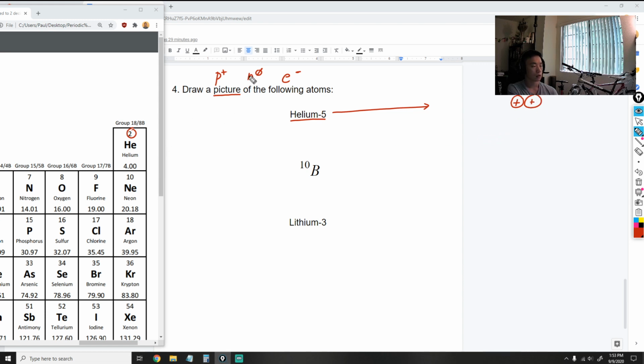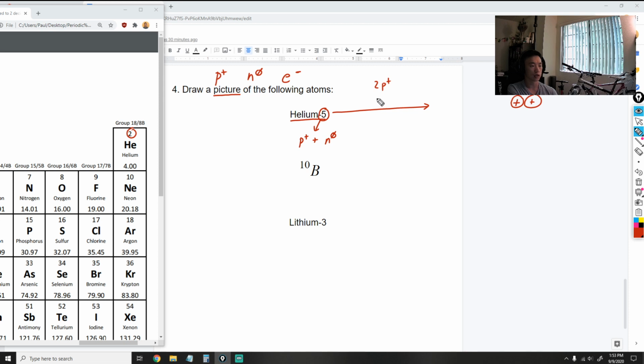Okay. Next thing we're going to do is figure out how many neutrons there are. It looks like the mass number is 5. And if we remember, this number right here is the protons plus the neutrons. So if helium has 2 protons, and in order to get to 5, the number of neutrons needed is going to be 2 plus something else.